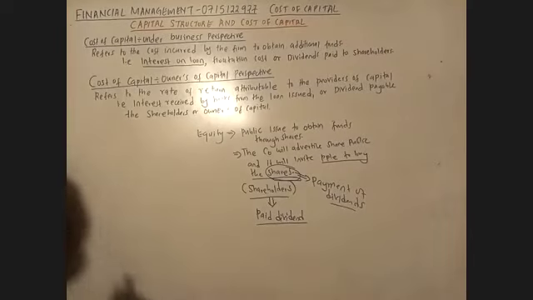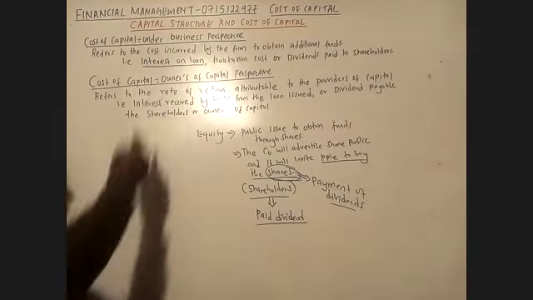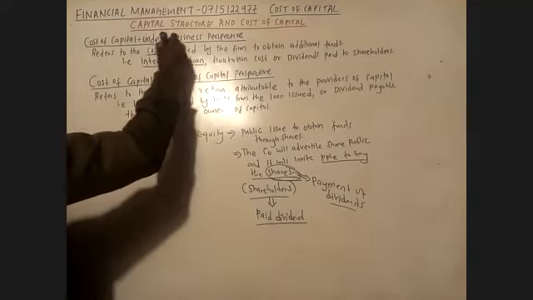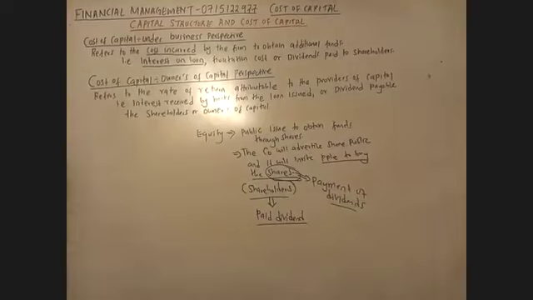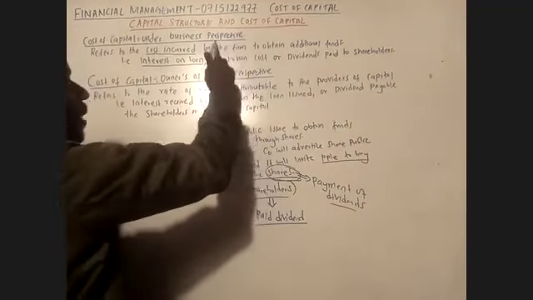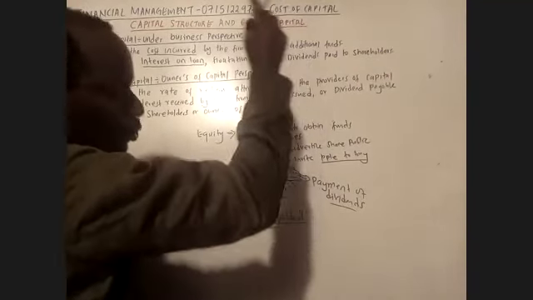Now, when the company pays this interest to the bank, that is a cost to the company, and that is why we say it refers to the cost of capital, because it is the company that is paying the cost to the bank, or it is the company that pays the dividend to the shareholders.